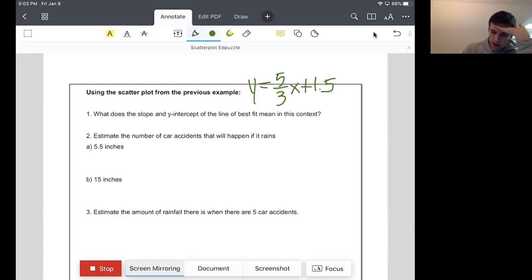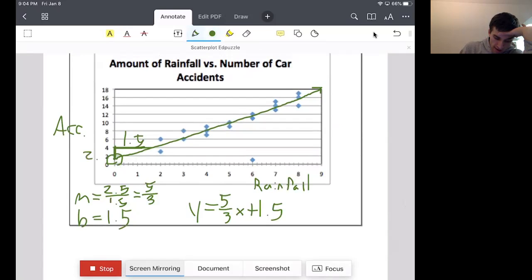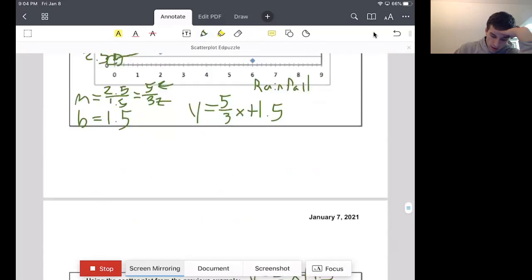What does the slope and y-intercept of the line of best fit mean in this context? Well, the slope is telling me for every 1.5 inches of rainfall, there were about 2.5 accidents. Or for every 3 inches of rainfall, there are about 5 accidents.